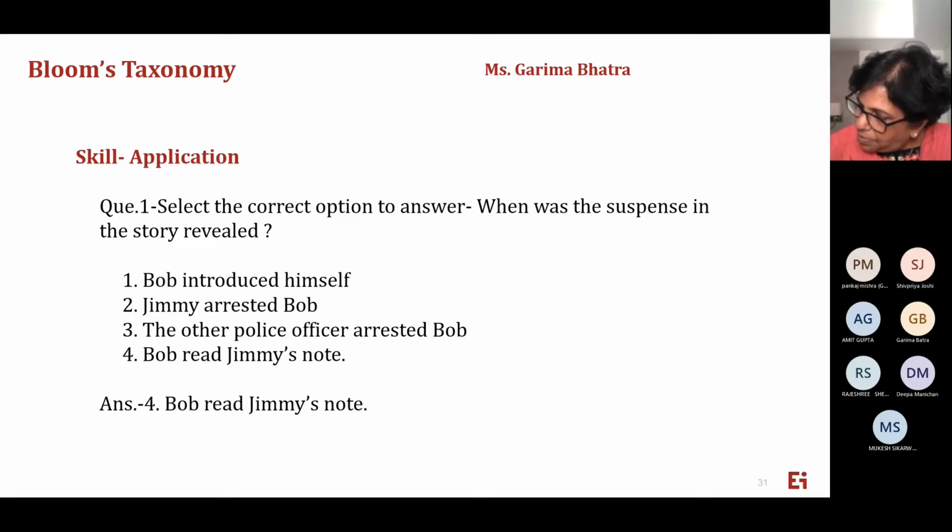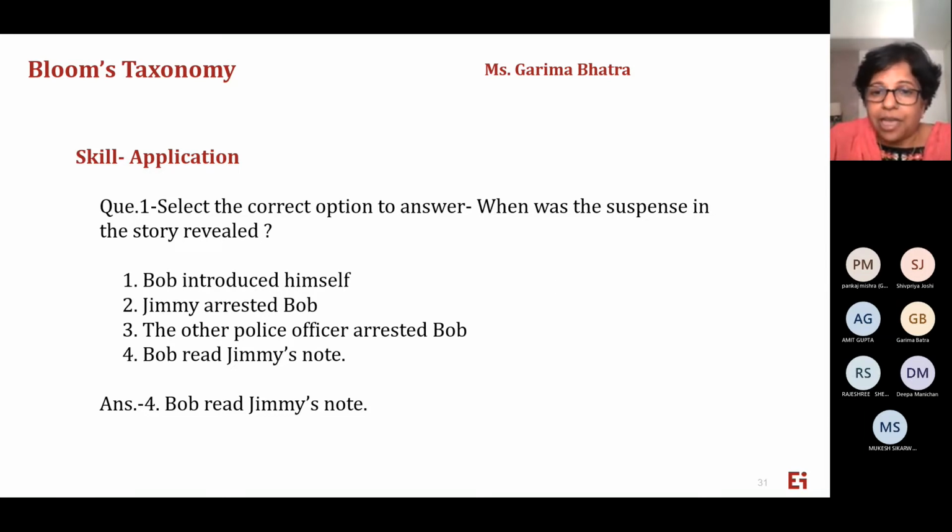Pankaj sir stated that as the options have been given quite close, it creates doubt and the student has to analyze. So I want to ask a question: can options change our objectives? Can the options change a question into analyze or application level, or does the question in itself make that effect?